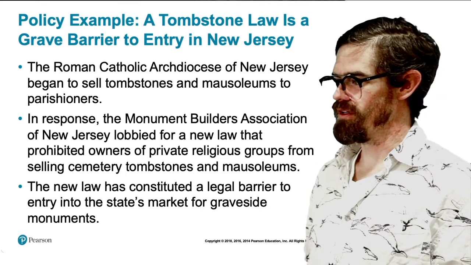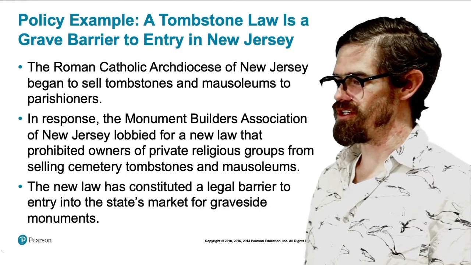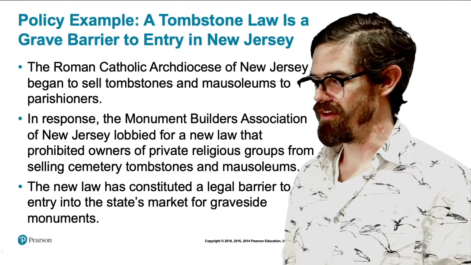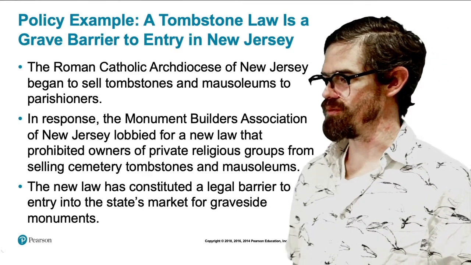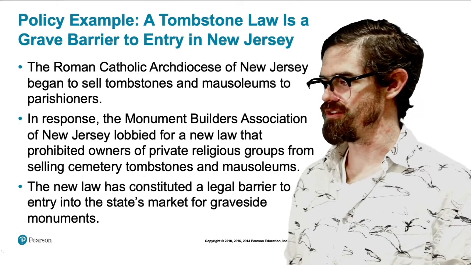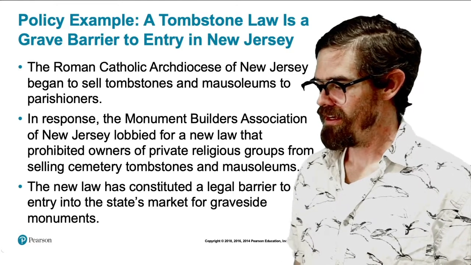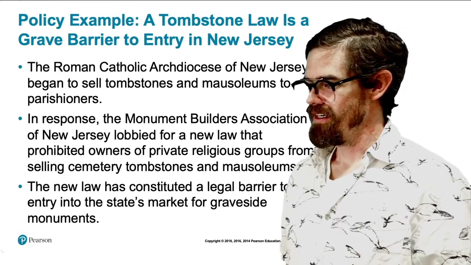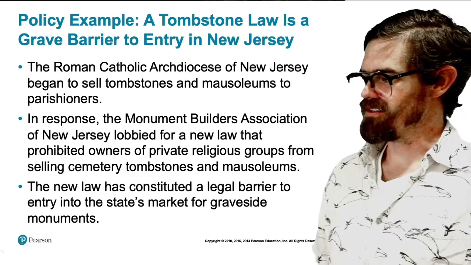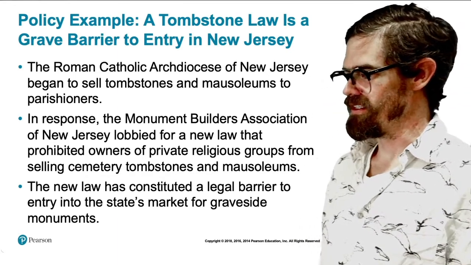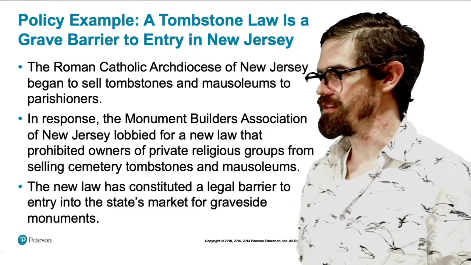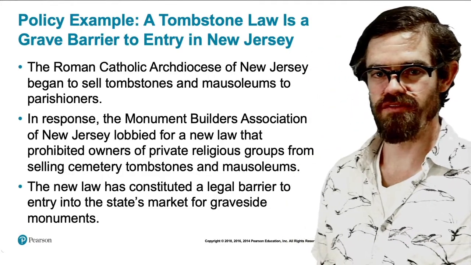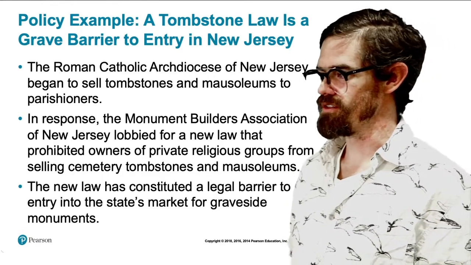In response, the Monument Builders Association of New Jersey lobbied the government for a new law that prohibited private religious groups from selling cemetery tombstones and mausoleums. The law was passed, and it constituted a legal barrier to entry into the state's market for graveside monuments. So that's pretty interesting. Another real-life example of a government-instituted barrier to entry.